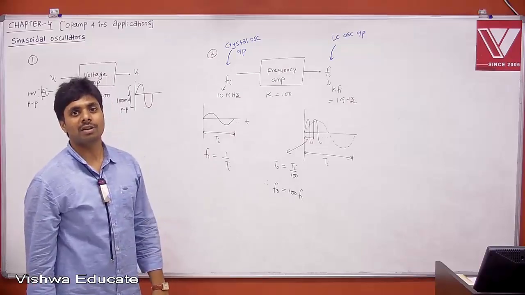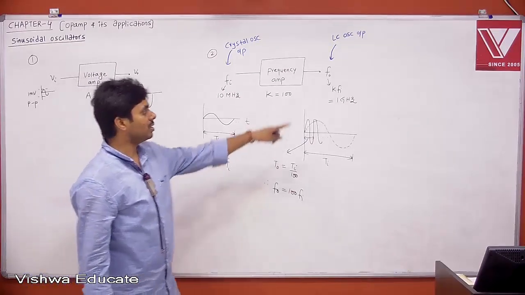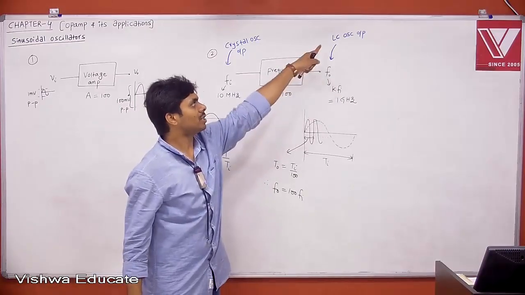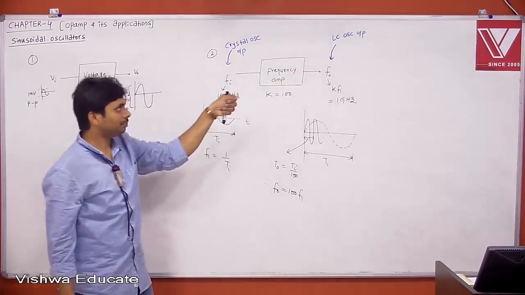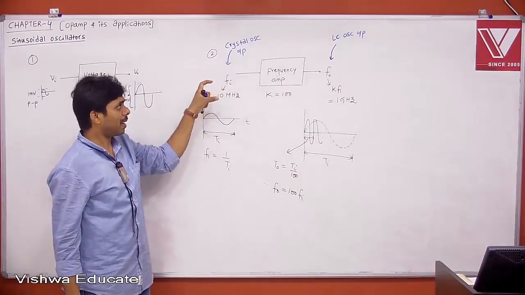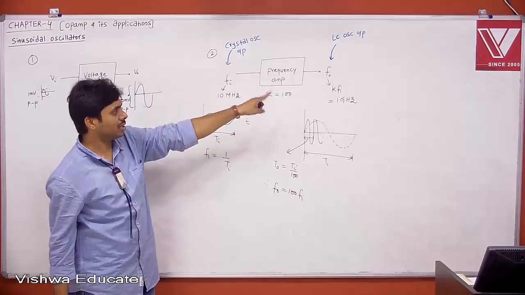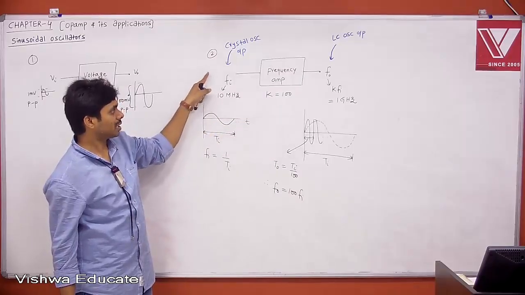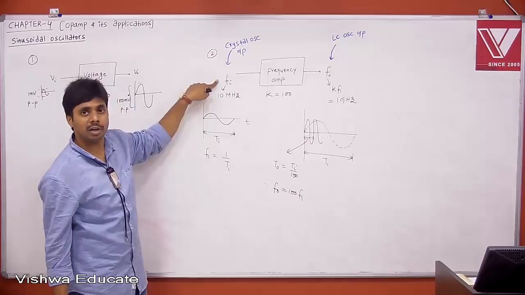Therefore, that is the reason why we need a VCO, voltage controlled oscillator. If there is any deviation in your output signal, which is the higher frequency LC oscillator output, then you sample it and compare it with the crystal oscillator clock. If there is any deviation with respect to your input signal, we will have a divider to match your crystal oscillator frequency.